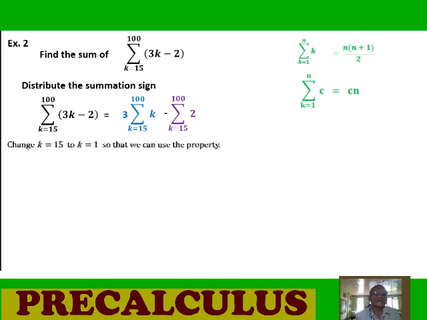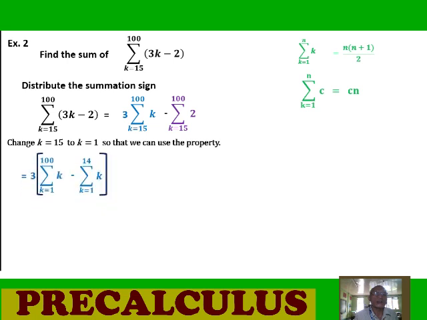Take note that our property has k starting from 1, but in our problem, k starts from 15.